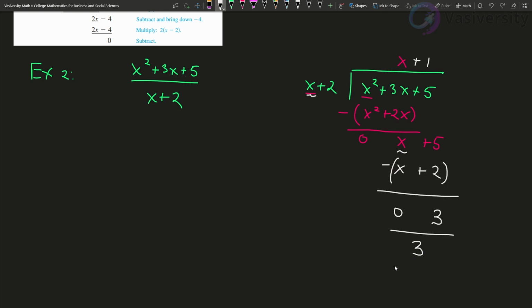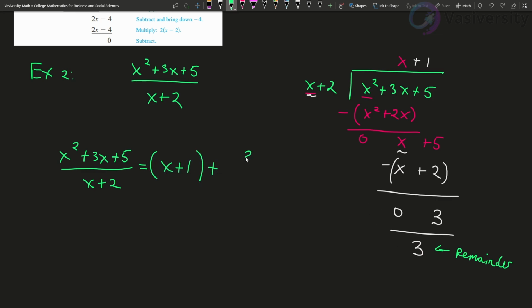So what does that mean? That means that we will have the following. So x squared plus 3x plus 5, and this is called the remainder, something we cannot divide anymore. So x squared plus 3x plus 5 over x plus 2 is actually going to be our expression by itself, x plus 1, and then plus our remainder, 3 divided by x plus 2.